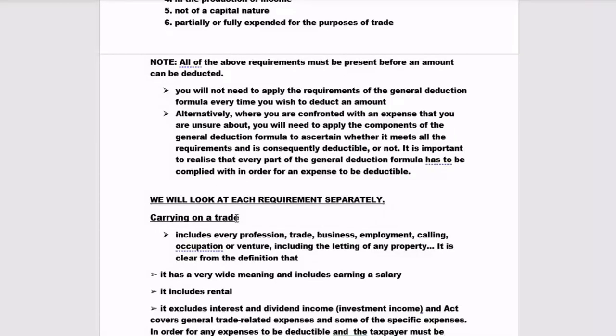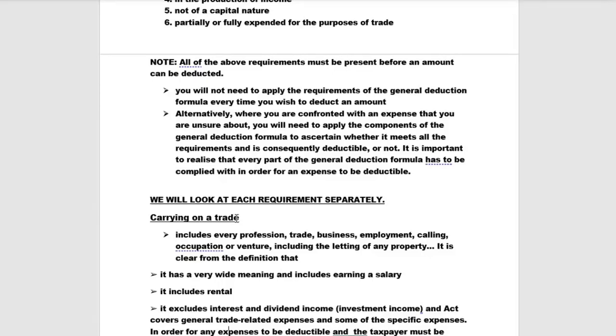Alternatively, where you are confronted with an expense that you are unsure about, you will need to apply the components of the general deduction formula to ascertain whether it meets all the requirements and is consequently deductible or not. It is important to realize that the general deduction formula has to be complied with in order for an expense to be deducted.